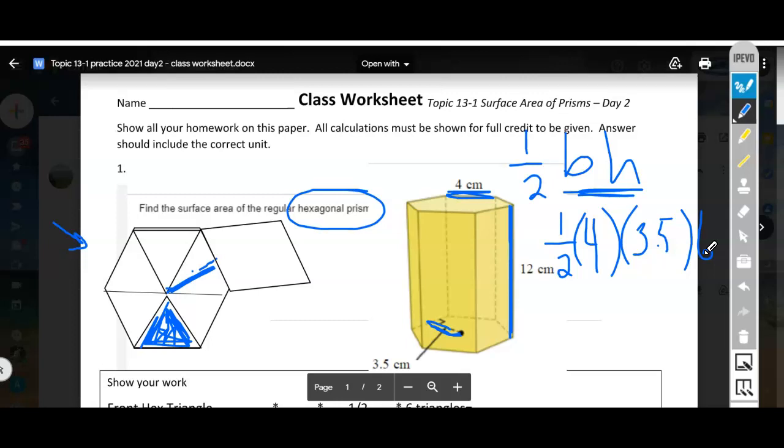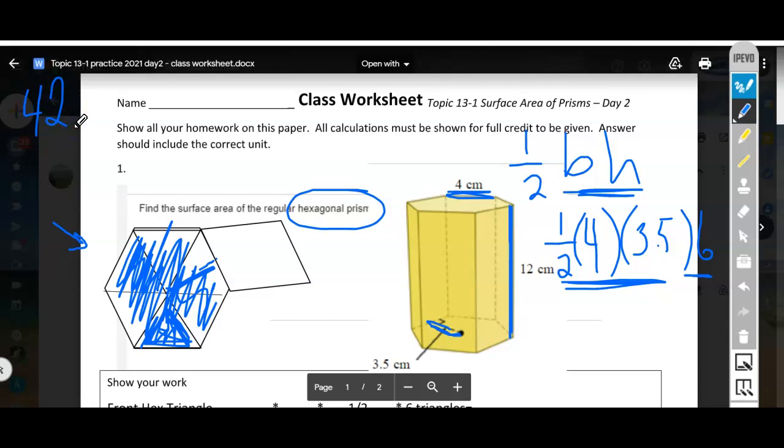Punching this into our calculator, what do we get? 7 for the first part, then we got to take it times 6, which is 42. So 42 is the area of one hexagon, right? So I'm going to write that number down over here, 42. That's one hexagon.